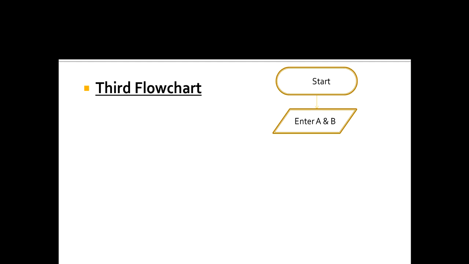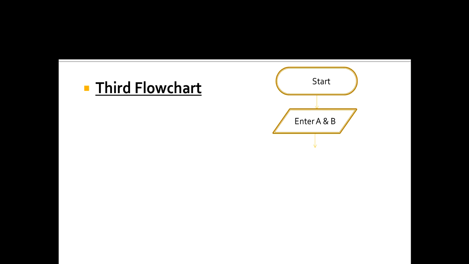This is how our flowchart will look. First, we're having an oval shape, and inside the oval shape, we're having the word start. Then we're having an arrow for connecting. Then to represent the input, we used a parallelogram, and inside the parallelogram we wrote the keyword of inputs: enter A and B. Then we're having an arrow again.